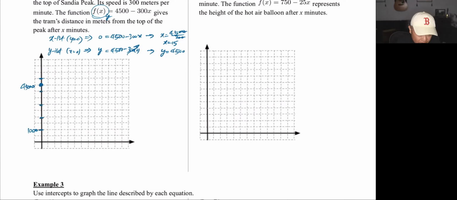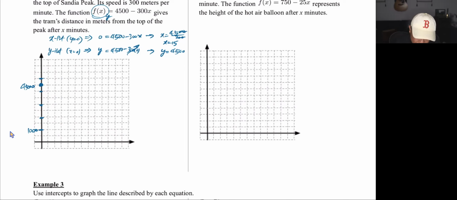And for this one, did I make a mistake over here? 300, right? 315. No, this looks to be correct. 45 over 3, yeah, it is 15.